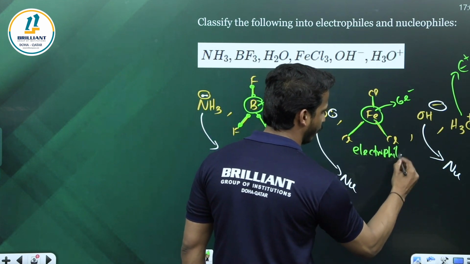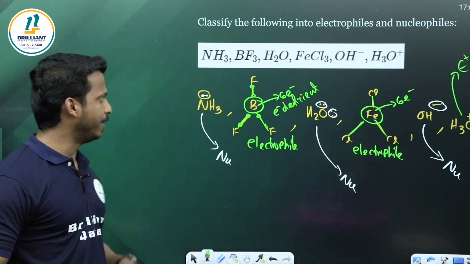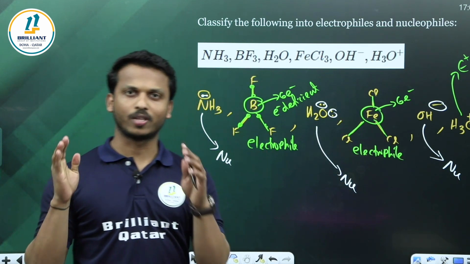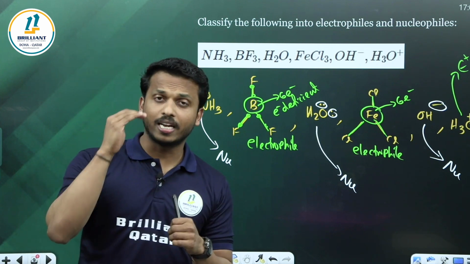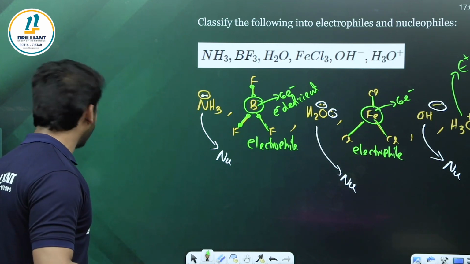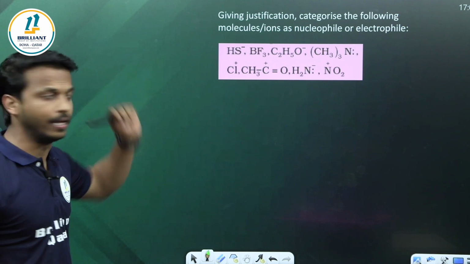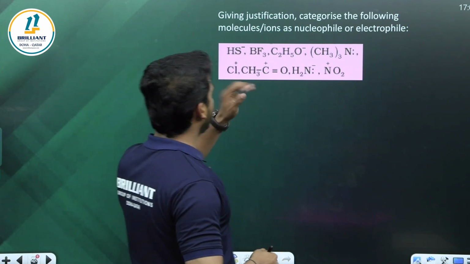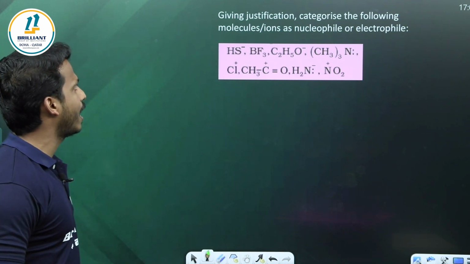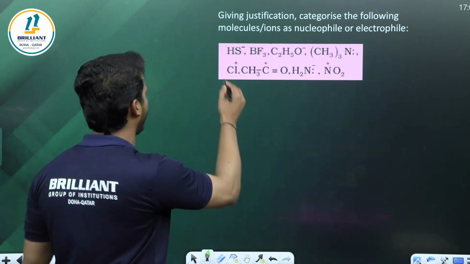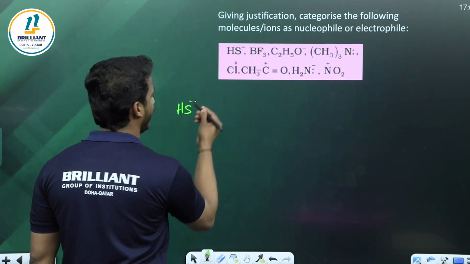Okay, keep in mind all of you. Both are electrophiles. BCl3 and FeCl3 both are what? Electrophiles. So generally, let me give you one more example from an NCERT question. Giving justification, categorize the following as nucleophiles or electrophiles. The first one given is HS minus.